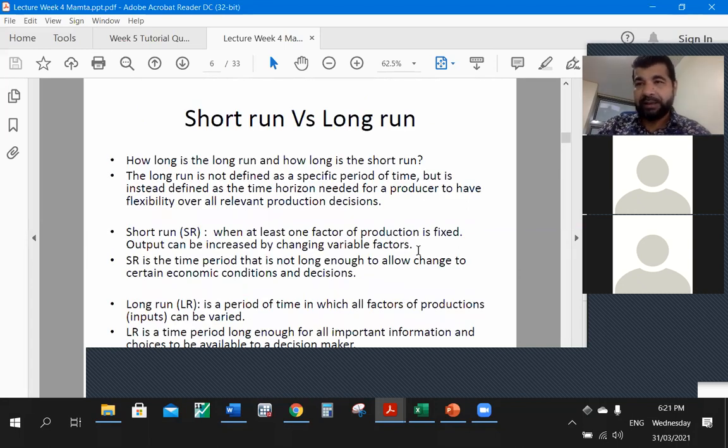Another one we talk about here is the cost function. When you increase the input, your cost is increasing, but production is not increasing proportionally. As a result, per unit cost is increasing. Does it make sense?